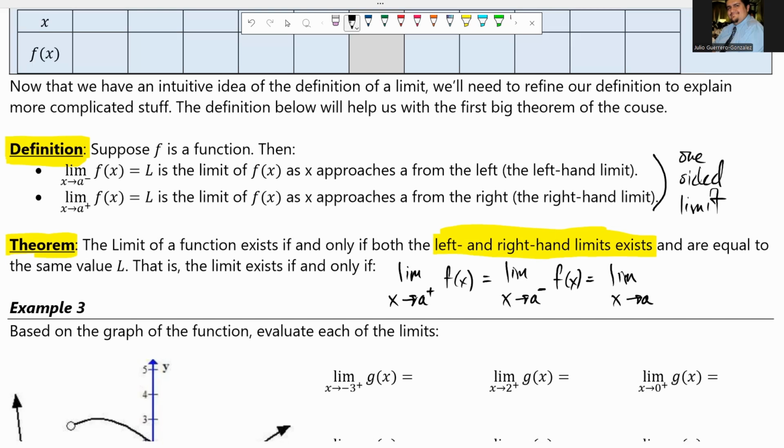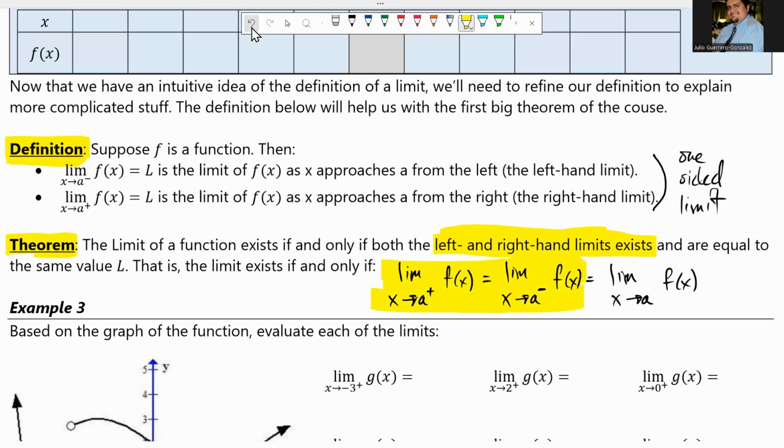Notice I'm not writing a little exponent here. So essentially, this one exists if and only if both of these exist and are equal.